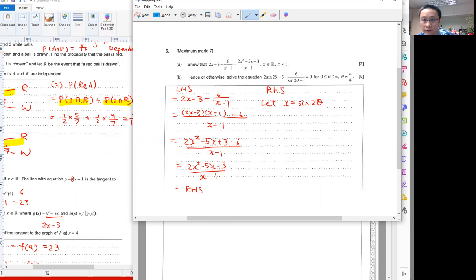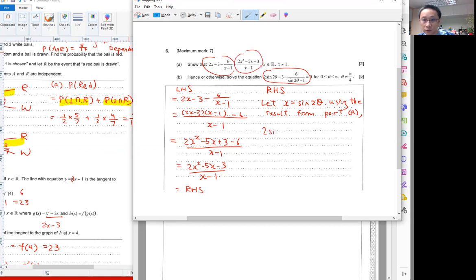Then the result in part A, using the result from part A, I should say. So this entire thing is analogous to this with x replaced by sine 2 theta minus 1, and we can replace it by the right-hand side.